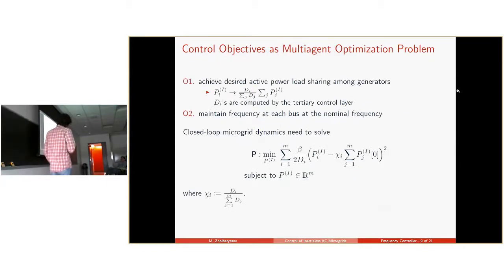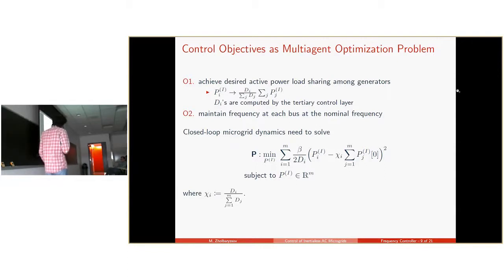Now, the control objectives are to achieve desired load sharing among generators and maintain frequency at 60 Hertz. These control objectives can be formulated as a multi-agent optimization problem.